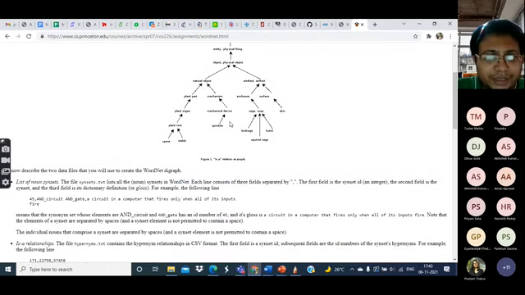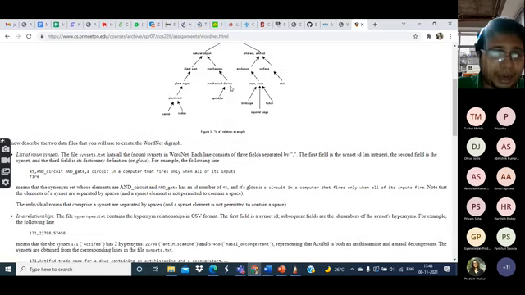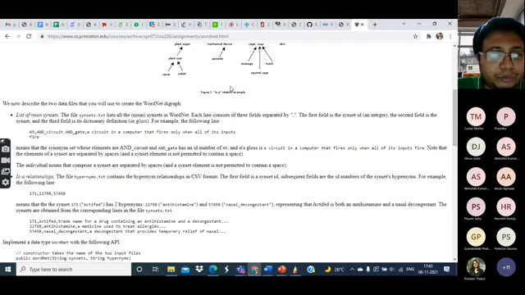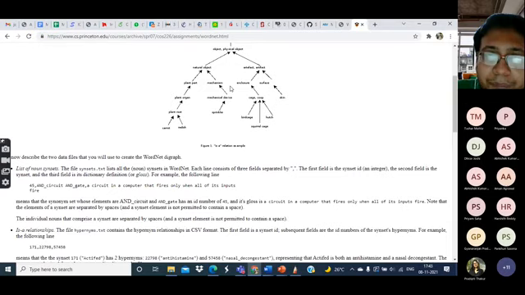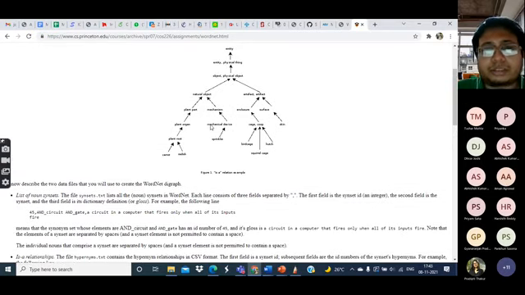Now, however, this is not the only graph which is associated with WordNet. There can be other kinds of relationships also between different words, which are represented by other graphs in this WordNet. Say, for example, antonym relationships, opposite relationships. That is, if two words are opposite to each other in meaning, they can have an edge between them. That is another kind of edge present in the WordNet graph.